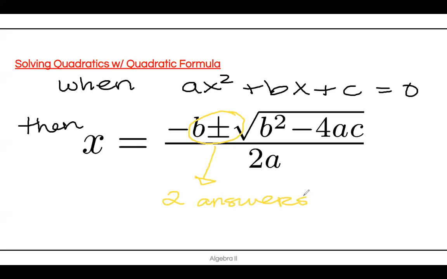And sometimes the answers will be real numbers. Sometimes the answers will be the same. Sometimes the answers will be imaginary numbers, okay? All right, so how will we know what type of answer we will get? Well, that information will come from our discriminant.